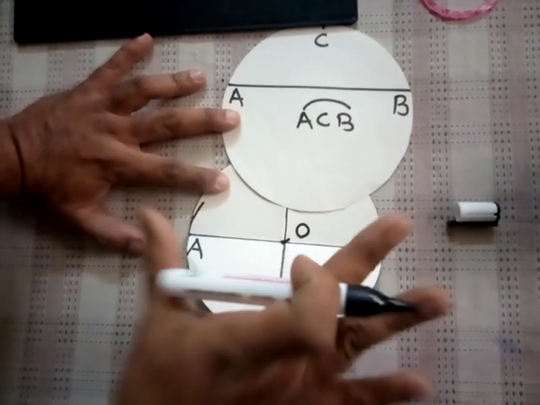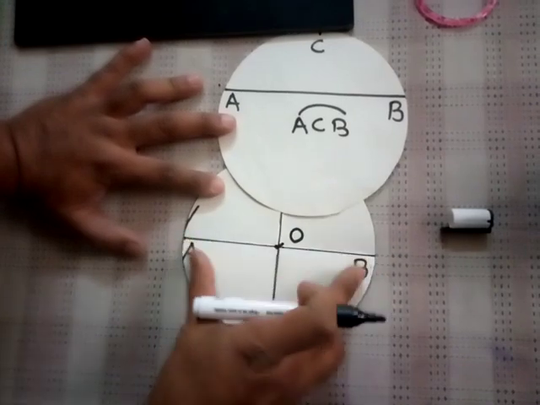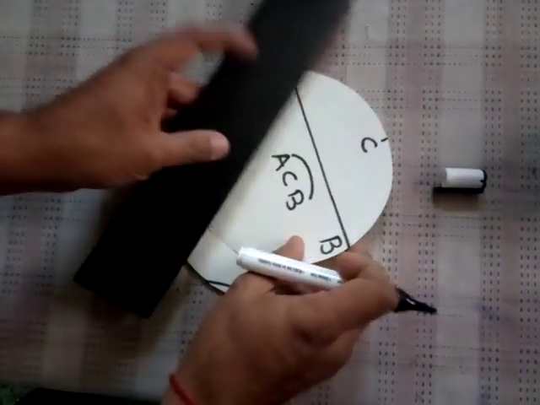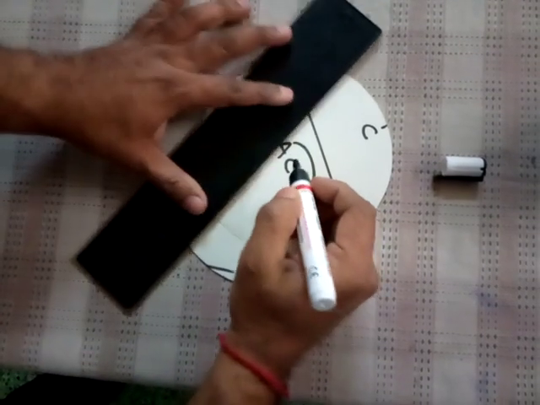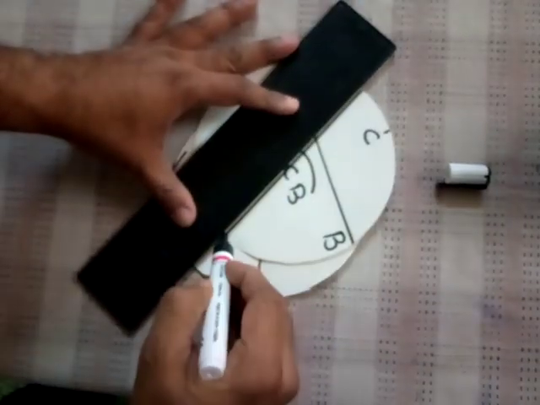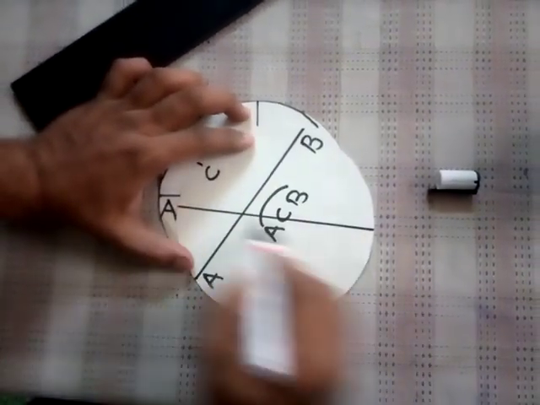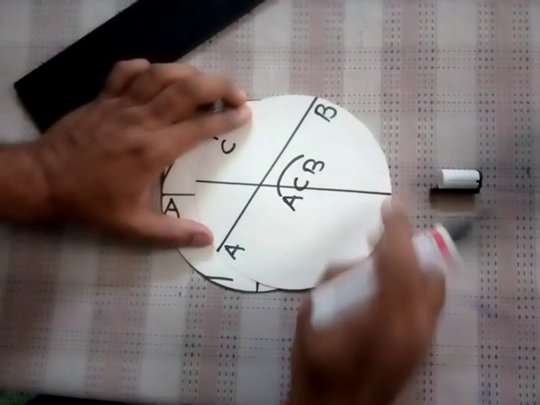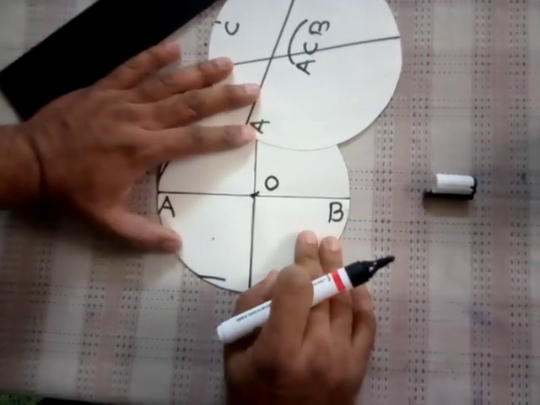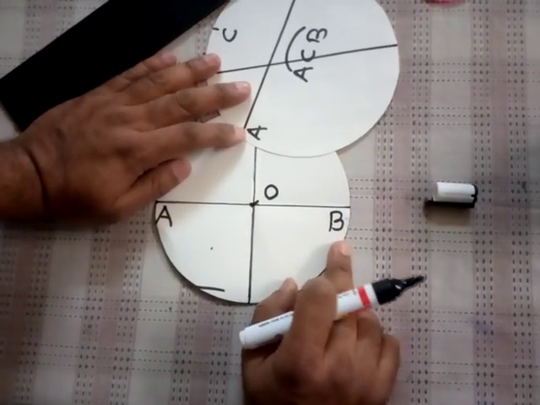We cannot draw a chord which will be of a length more than the diameter of the circle. Let us try to draw another chord which may be greater than the diameter. No, it's not possible to draw a chord greater than the diameter of the circle. So keep in mind, the diameter is the longest possible chord of a circle.